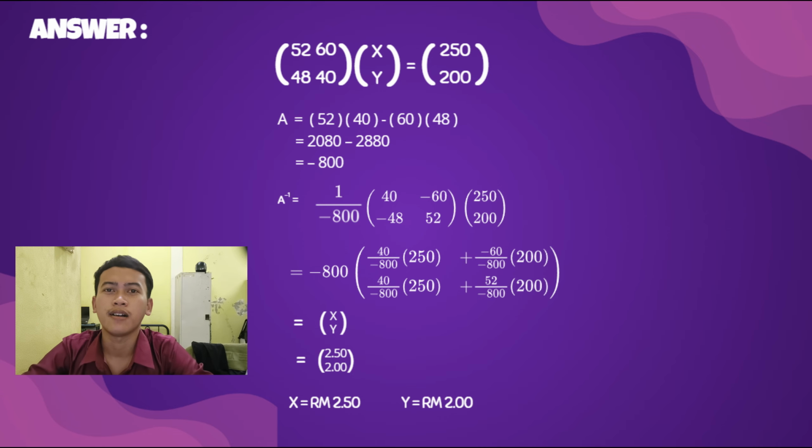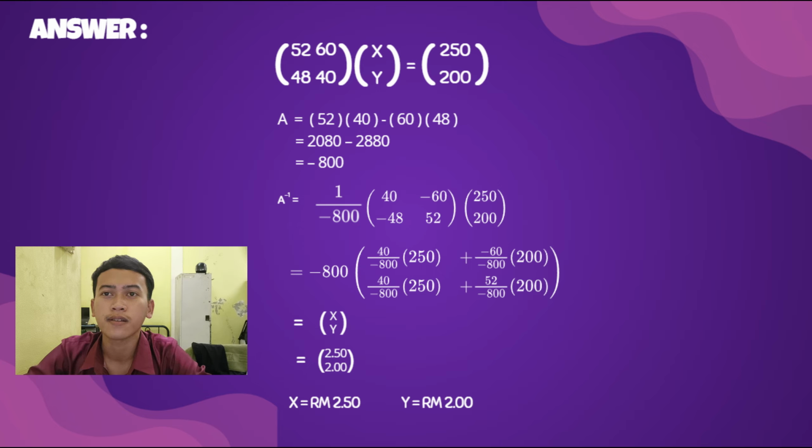So next, how we're going to find the x and y value is we need to divide each of the numbers, which are 40, negative 60, negative 48, and 52, by negative 800, and then multiply by 250 and 200. So here's an example.